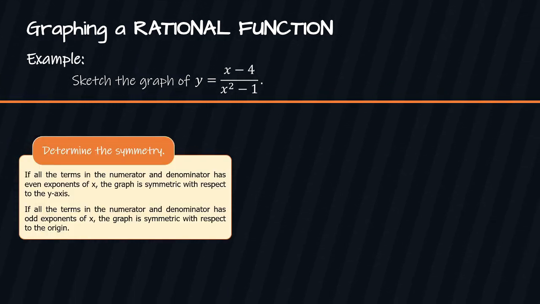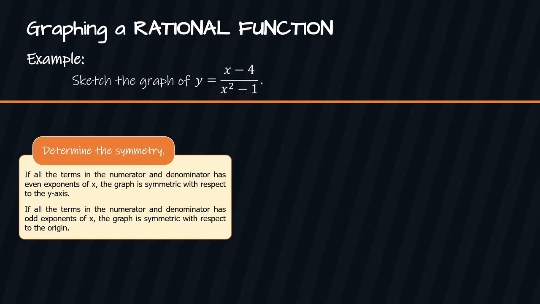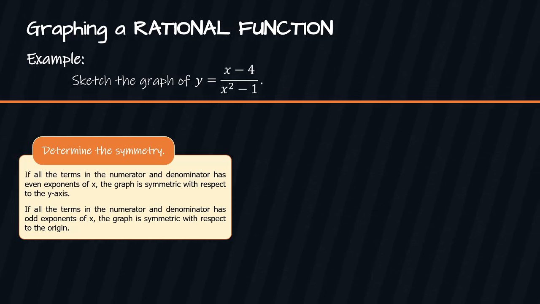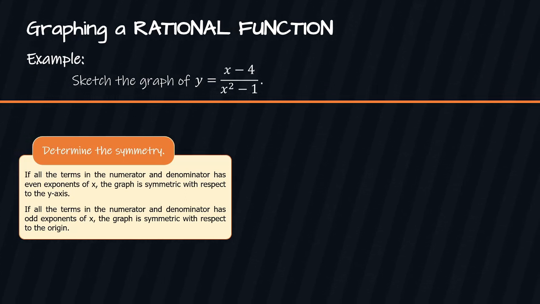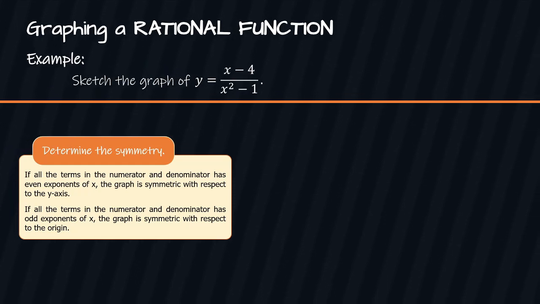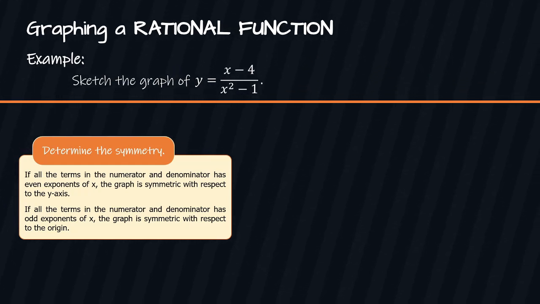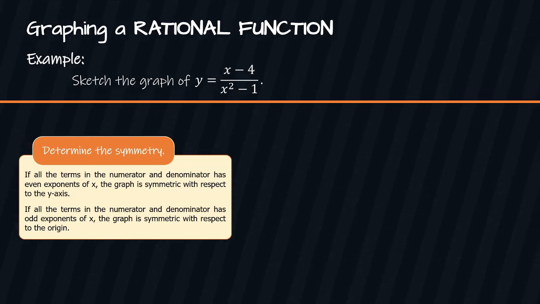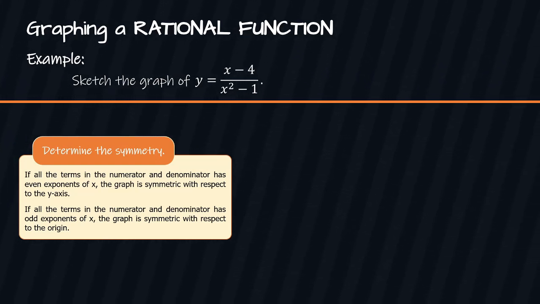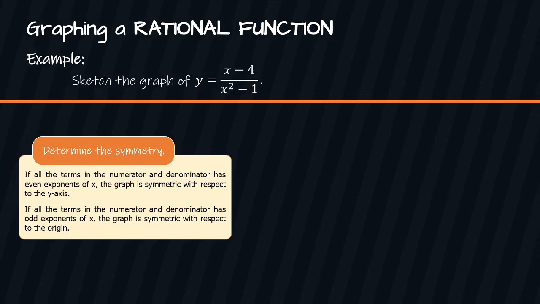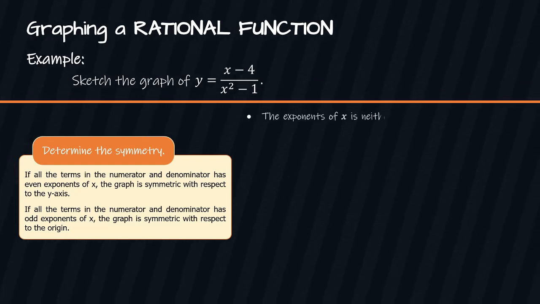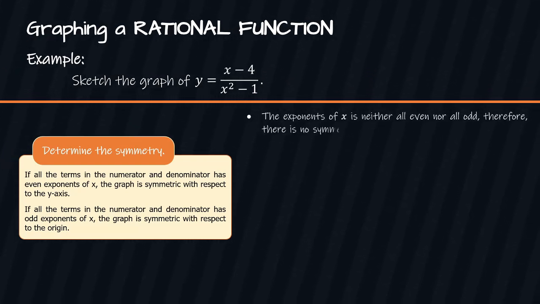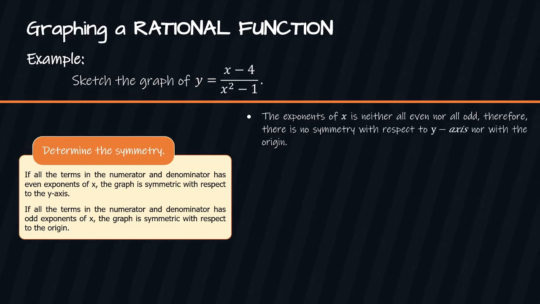So given the first step, which is to determine the symmetry, in this step, we have to observe the exponents of the variable x in the numerator and the exponent of the variable x in our denominator. After careful examination on the exponents of the numerator and the exponents of the denominator, we could say that the exponents of x is neither all even nor all odd.